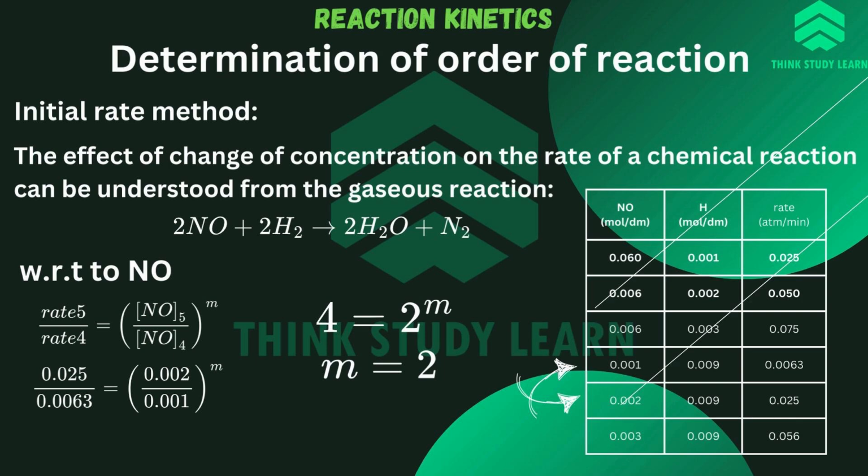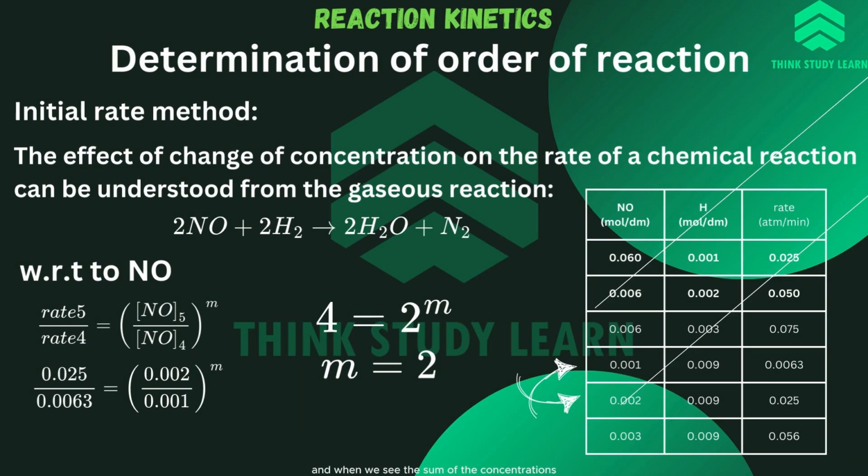The formula is rate 5 divided by rate 4 equal to concentration of NO in 5 over concentration of NO in 4 raised to power m, as m is the order for this reaction. When we put the values from the table, we get m equal to 2, which is the order with respect to NO.